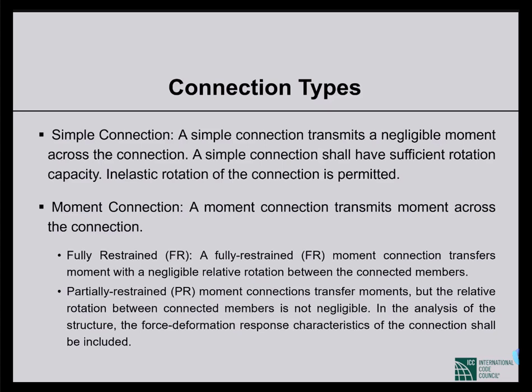Second, moment connections are then classified into two different types: fully restrained connection, FR, and partially restrained moment connections, PR connections. The previous terminology used in BNBC 2006 were rigid connection and semi-rigid connection. Now the terms are different: fully restrained and partially restrained.